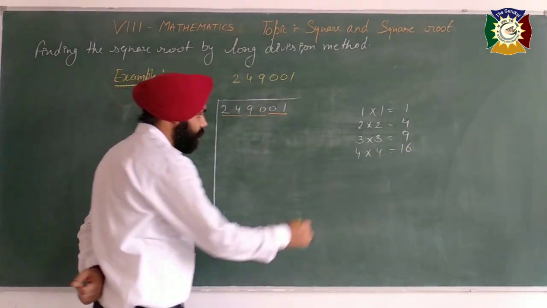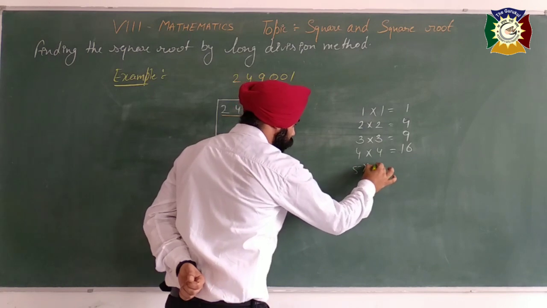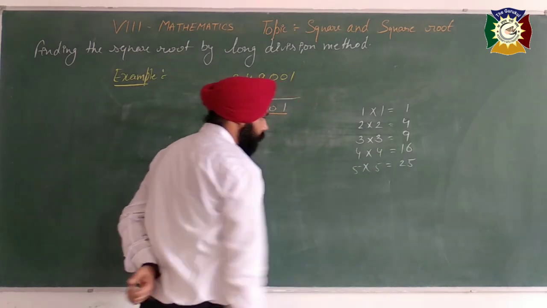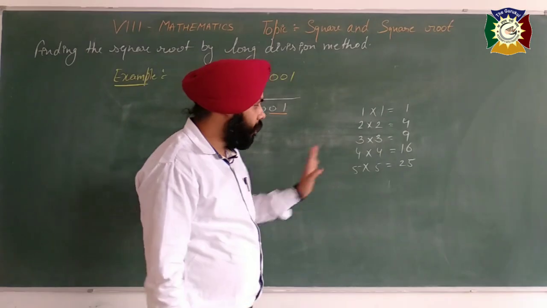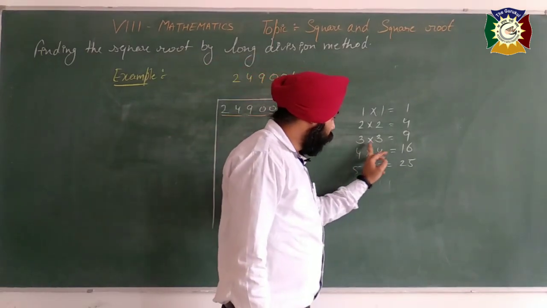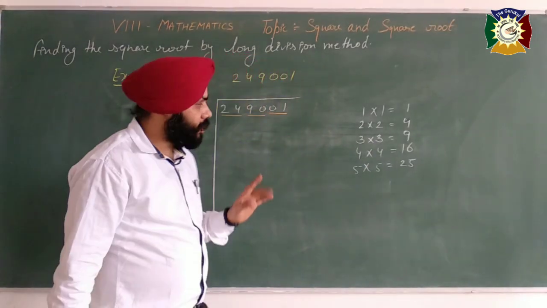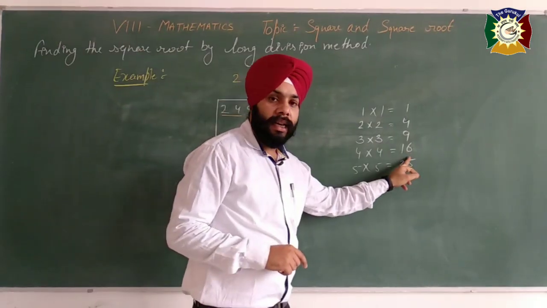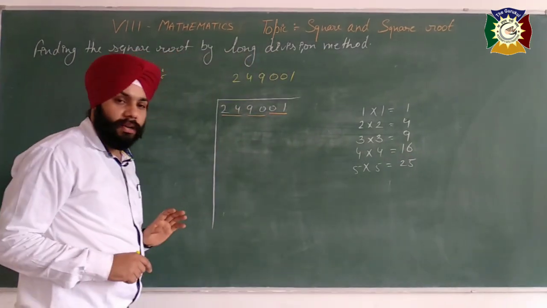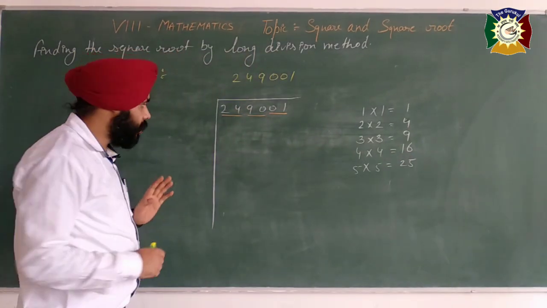It is again less. Now check 5 into 5 is equal to 25. Now 25 is greater than 24, so we stop our process here. We choose the number 4. When we square it, we get 16. The number 16 is less than 24 and the nearest square to it.